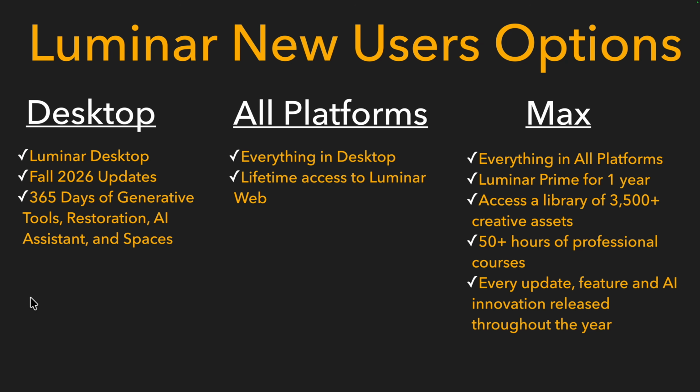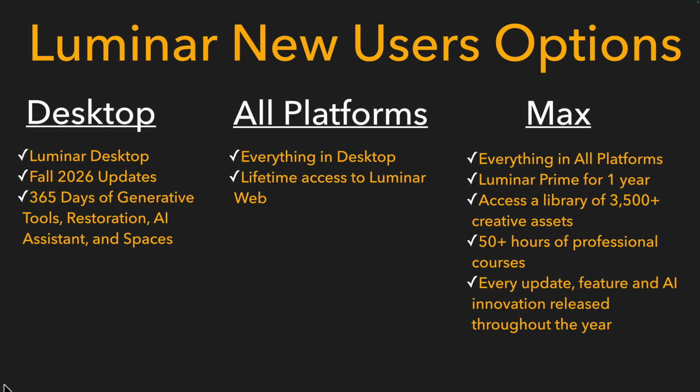Luminar on mobile wasn't available when I purchased my original Luminar Neo license. And so I had to purchase that separately and then combine them on the back end, because now essentially I have the all platforms option that I've paid for, but I bought it over time because the tools just weren't available then.